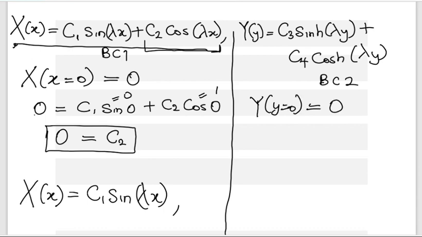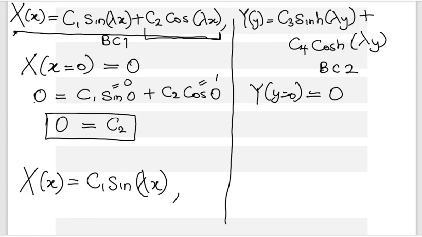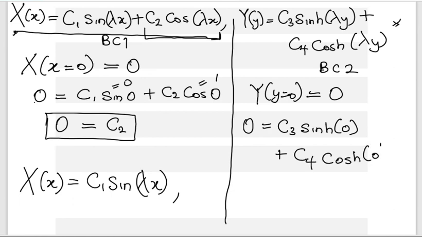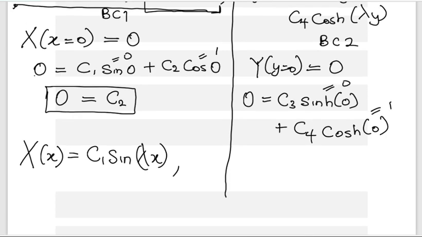So that simply means that 0 is equal to c3 hyperbolic sine of 0, then plus c4 hyperbolic cosine of 0, and this we know is 0 and this is 1, which implies that 0 is equal to c4 times 1, which is c4, and this implies that c4 is 0.